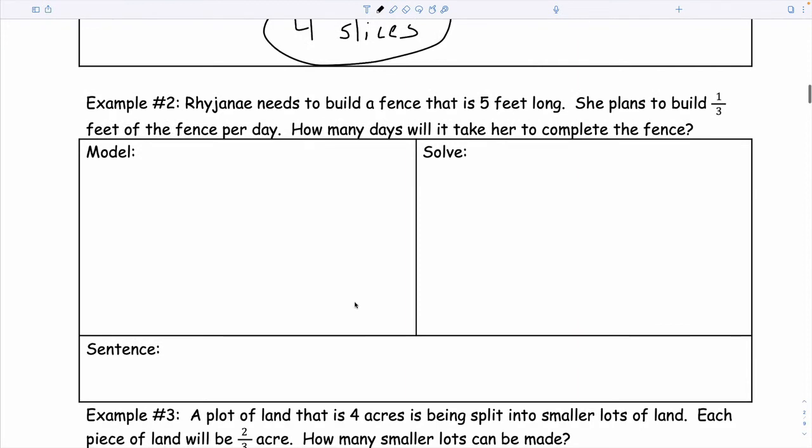Example 2, Rajane needs to build a fence that is 5 feet long. She plans to build 1/3 feet of the fence per day. How many days will it take her to complete the fence?